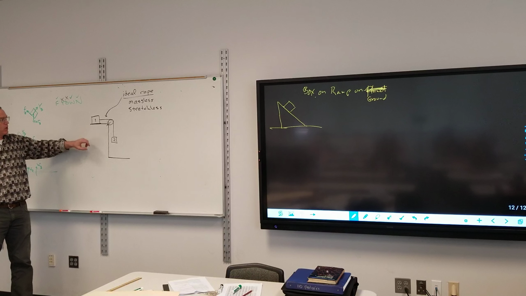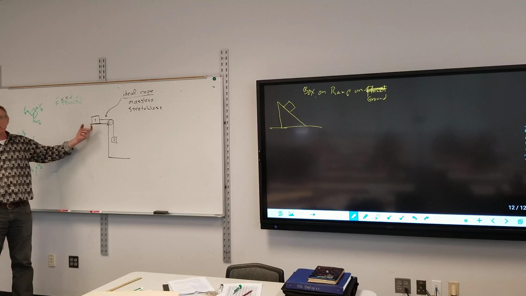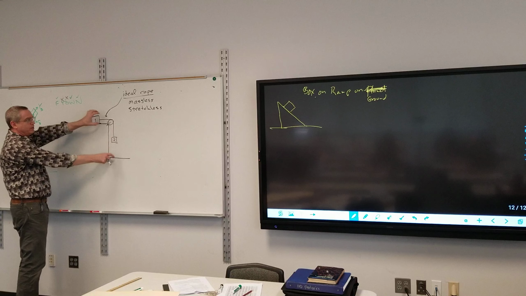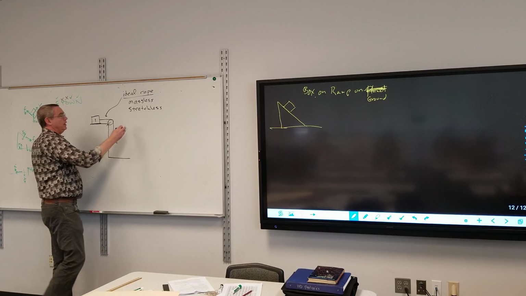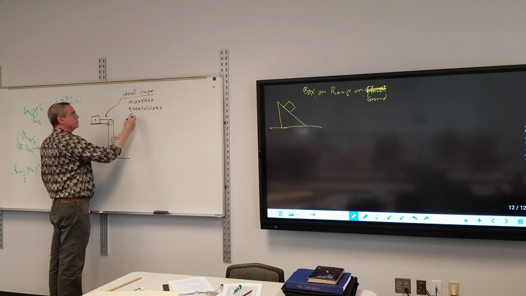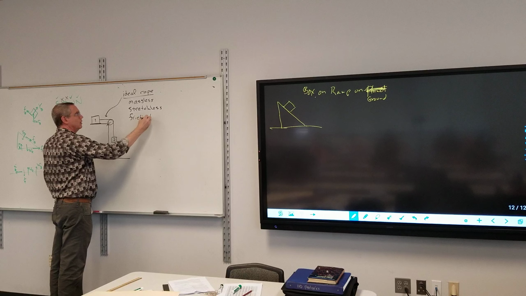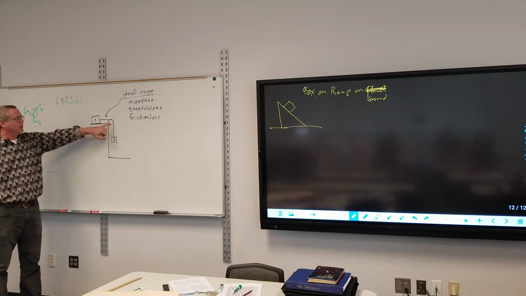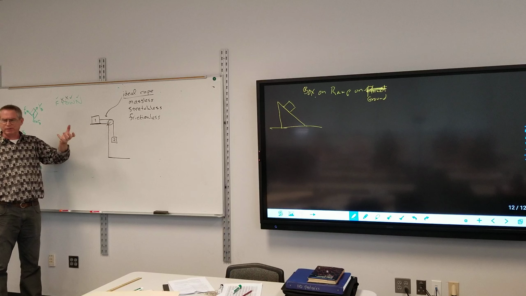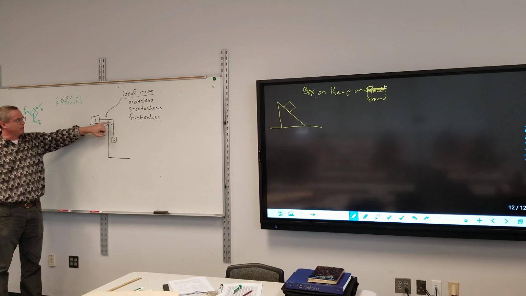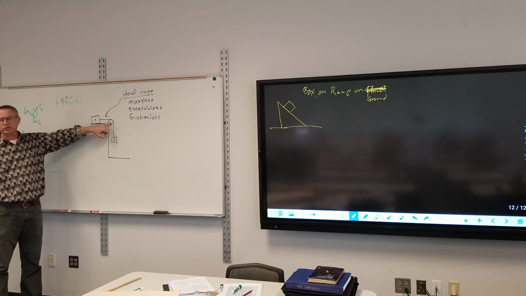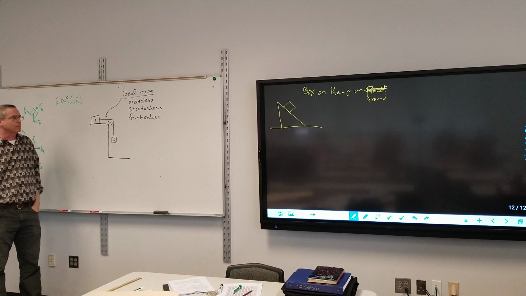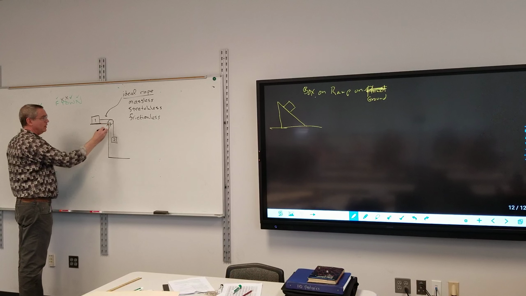So I'm not going to have a situation where mass 2 is going to start falling and mass 1 is just sitting there. They will move together. And it is frictionless, except potentially where it's touching the masses itself, we assume it is affixed to the masses, but it is not going to cause this pulley to turn. The pulley is also ideal.